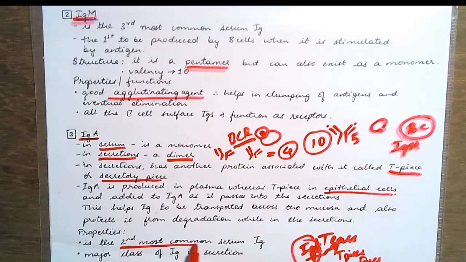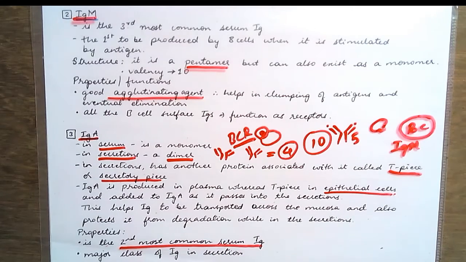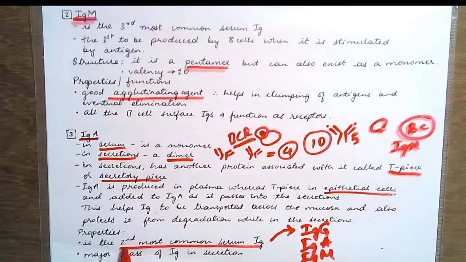It is the second most common serum immunoglobulin. The most common immunoglobulin in serum is IgG, the second most common is IgA, and the third most common is IgM. In serum, it is second most common, whereas in secretion, this is the major class.